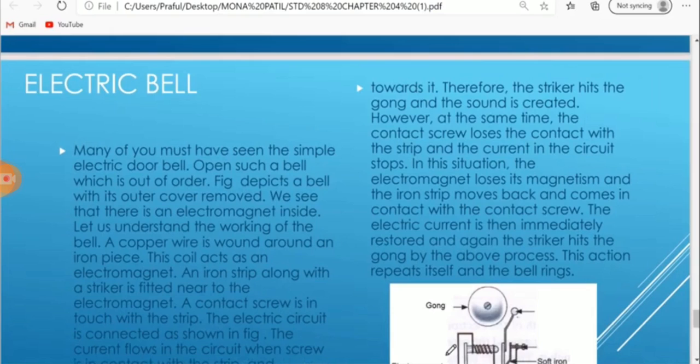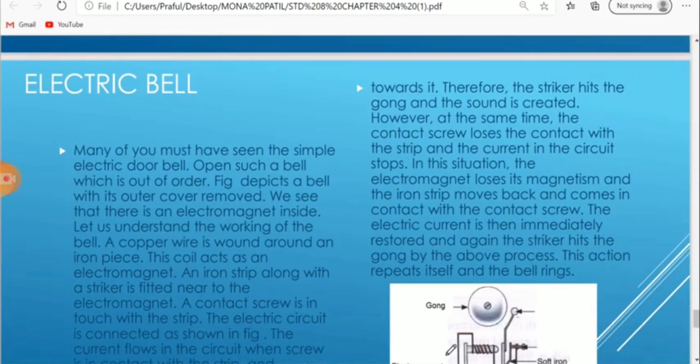An iron strip along with a striker is fitted near the electromagnet. A contact screw is in touch with the strip. The electric circuit is connected as shown in the figure.